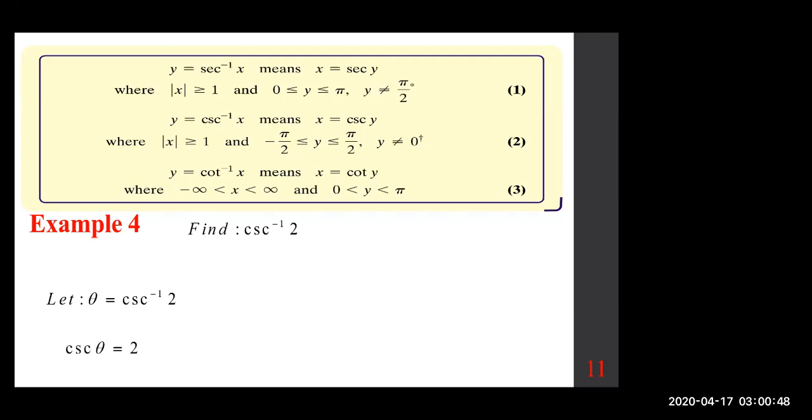I don't know the answer, but I can go with sine. Remember, cosecant is 1 over sine. So 1 over sine is 2. That means sine is 1/2. And that I answer: sine equals 1/2 when theta is pi over 6. Does that make sense? Is everybody okay with that? Excellent.